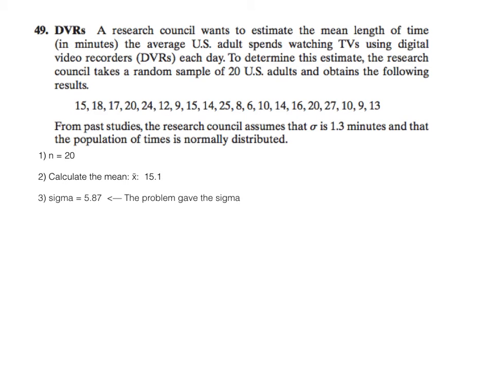And sigma, according to my graphing calculator, I believe, is 5.87. But the problem gave me the standard deviation of 1.3. This is when the standard deviation is known. And this is how we begin a confidence interval, with a known standard deviation. So we'll look for that information in the problem and use it.